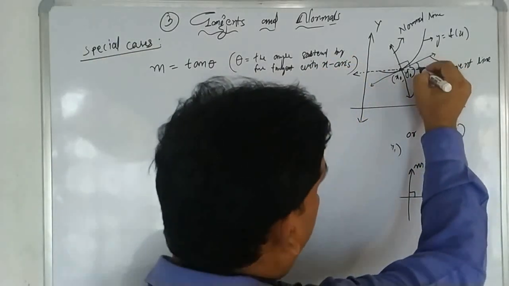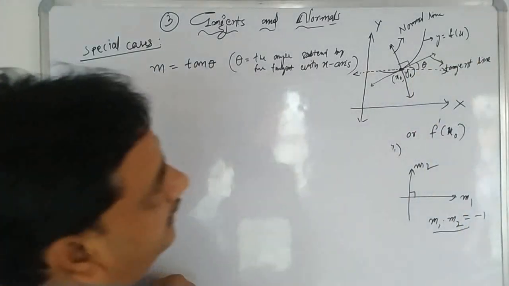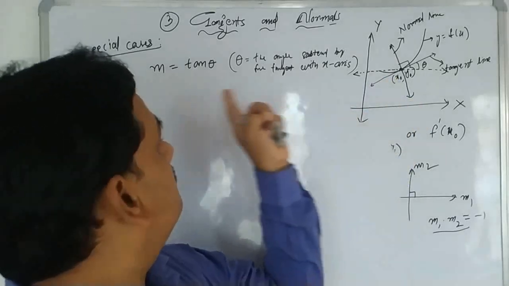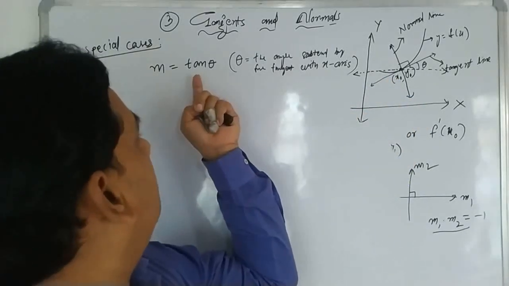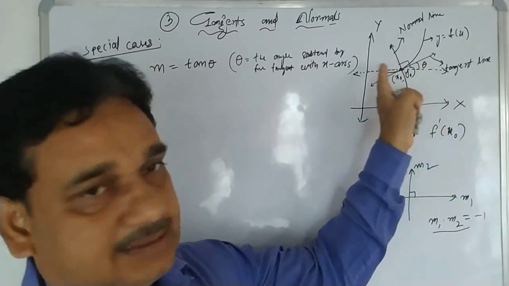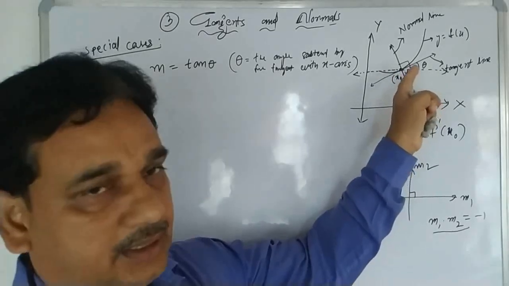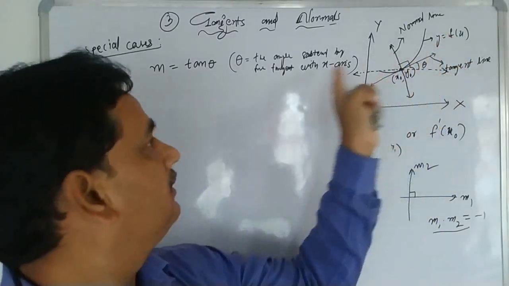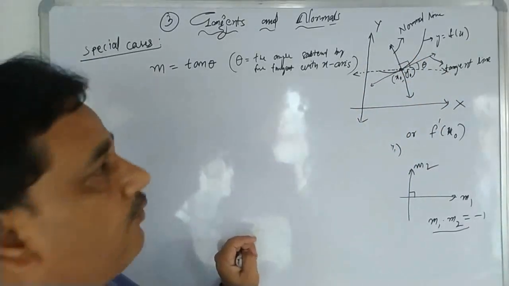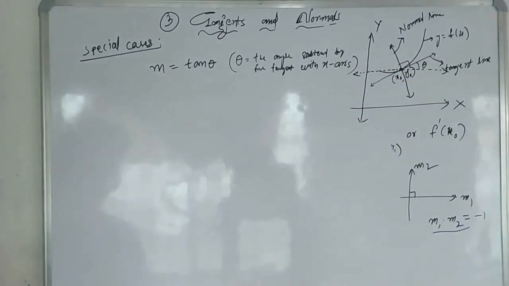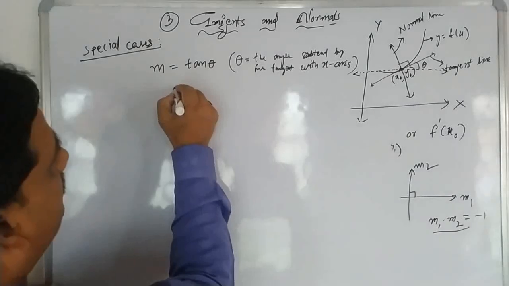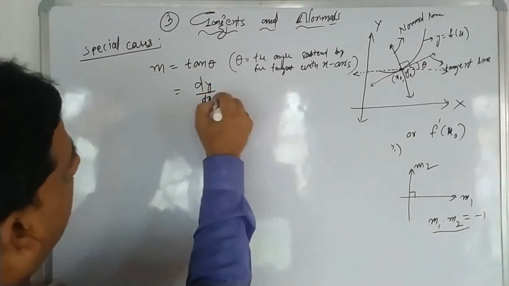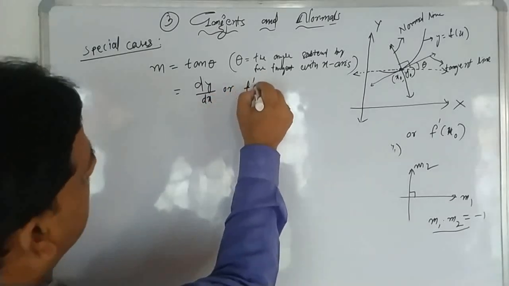So this angle is theta. Why are we taking tan theta? Theta is the positive angle between the x-axis and the tangent, so tan theta is the slope. Here tan theta is what we write as dy by dx or f dash x.